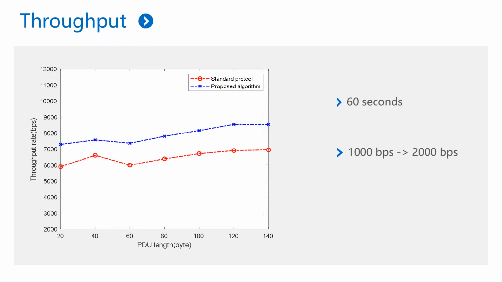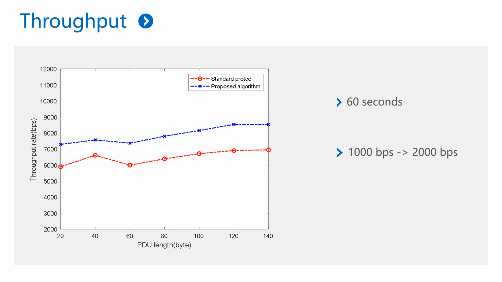Under the condition of zero data loss, we record the number of bits of data processed by the receiver within 60 seconds from the startup of the device with different PDU lengths.